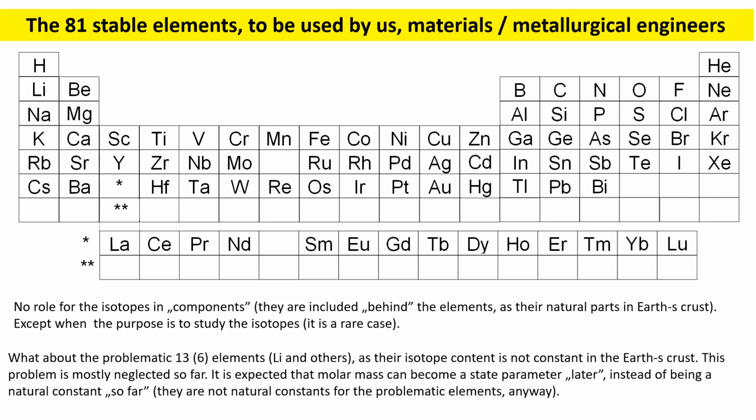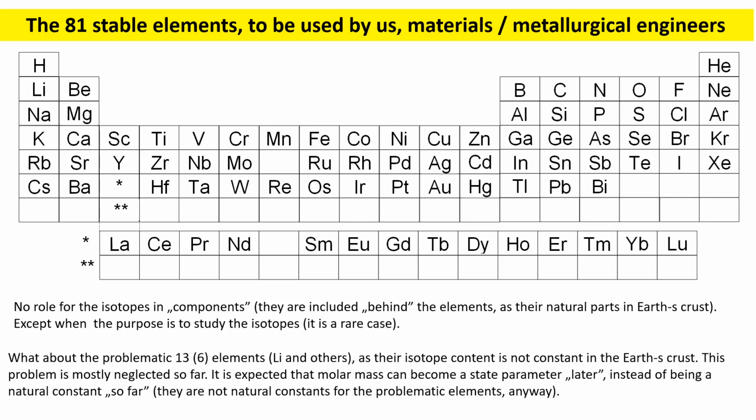And that is why the sentence I said before, namely that we select elements as components and we mean all the isotopes as they are found in the Earth crust, this sentence doesn't work for these 13 or at least 6 problematic elements, simply because we cannot say that whatever we find in the Earth crust is well defined, simply because it is not well defined at all.